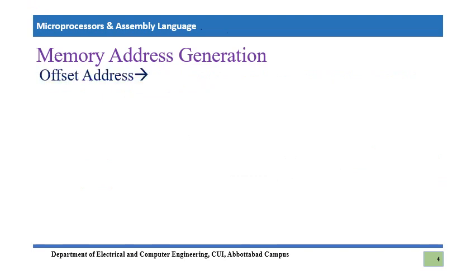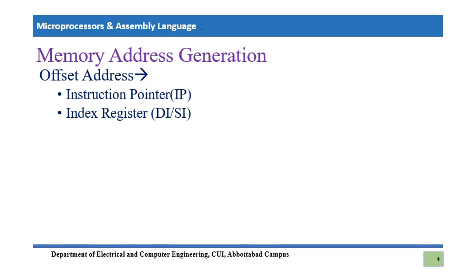In this slide we are just adding some supplementary material, and I have already explained in the previous slide that we are just listing some of those points. The offset address can be stored in the instruction pointer, in an index register, which can be the destination index or the source index, and in the base register, which is BX.